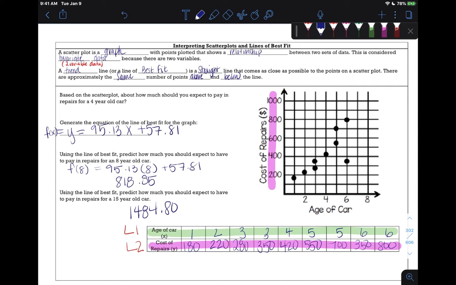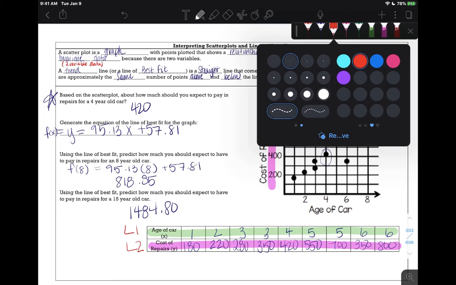Up here it says, based on the scatter plot, how much should you expect to pay in repairs for a 4-year-old car? So I'm going to look over here. Looks like approximately 420 if I was just to estimate on the graph. Now, let's write in that pretend line again, our estimate of what that line would be.